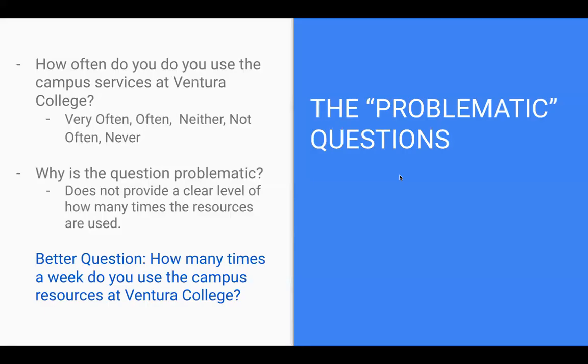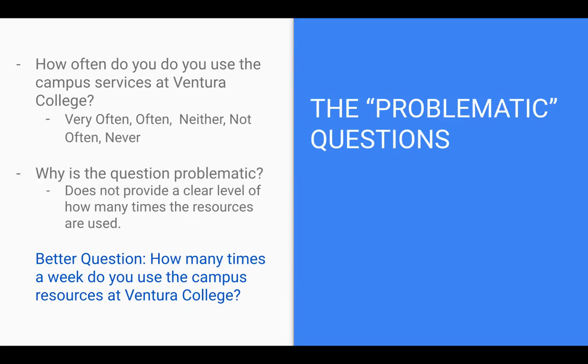Now we go on to some of our more problematic questions, such as how often do you use campus services at Ventura College? Where we had very often, neither, not often, or never.